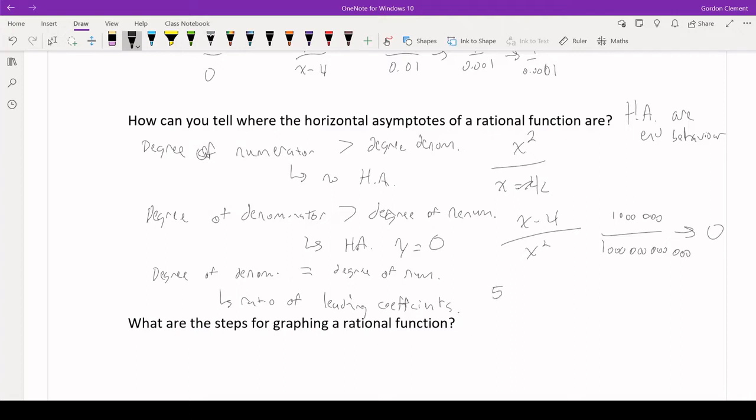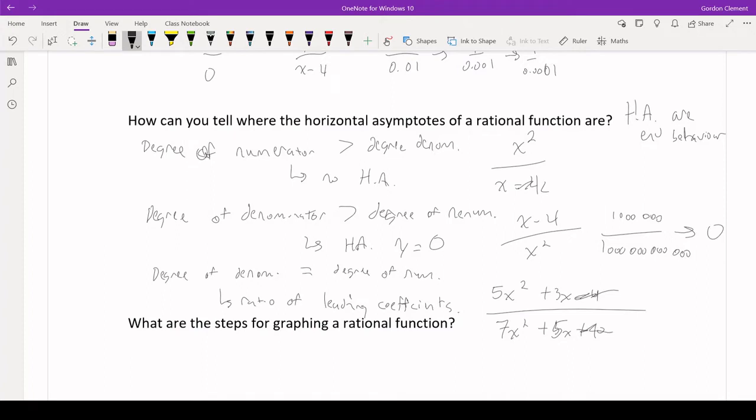When they match, again, when we're talking about x being a million, this minus 4 and this plus 10 are not really going to throw things off.